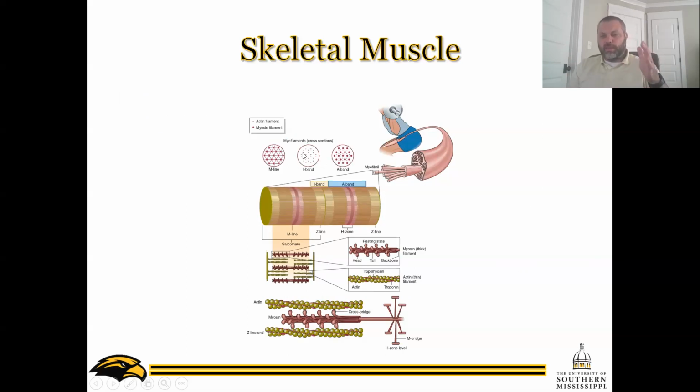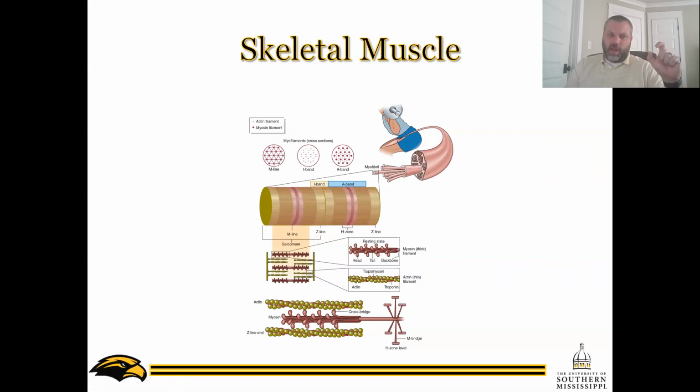So if we were to cut this at different points inside that sarcomere, right, so our M line, our I band, and our A band, as we have down here, you can see that it is this three-dimensional kind of patterning that goes around. So for every myosin, there's 6 actin that will act on that one myosin.